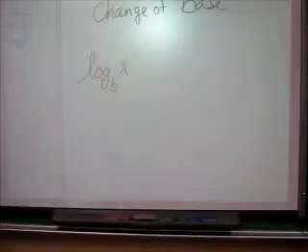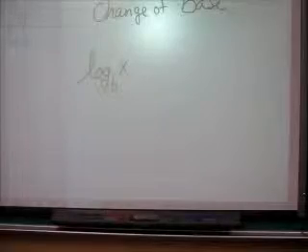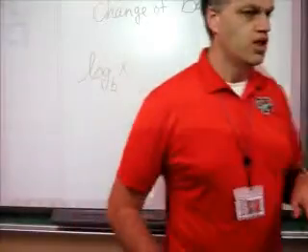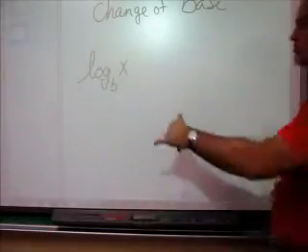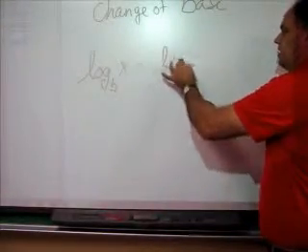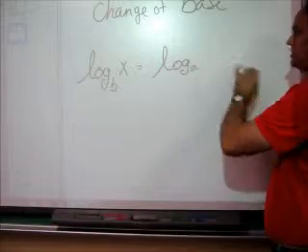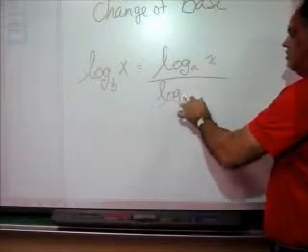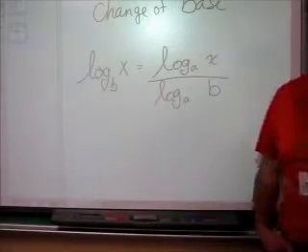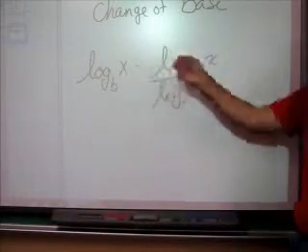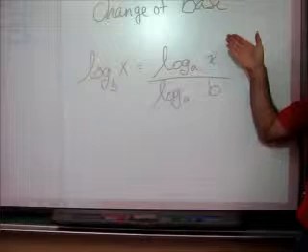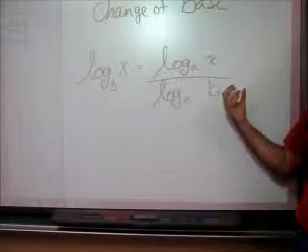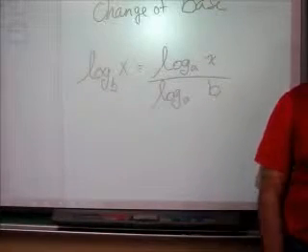So we have a log base b of some value x. I'm going to write this for a generic base, and then we're going to look at it for the two bases that we'll probably use most often. This becomes the log of the new base a of x over the log of the new base a of b. So change of base, new base is here. The value of the logarithm is on top, the old base is on the bottom.